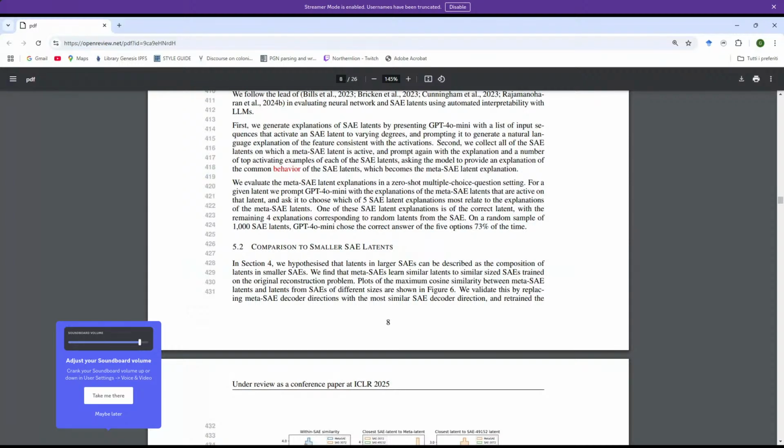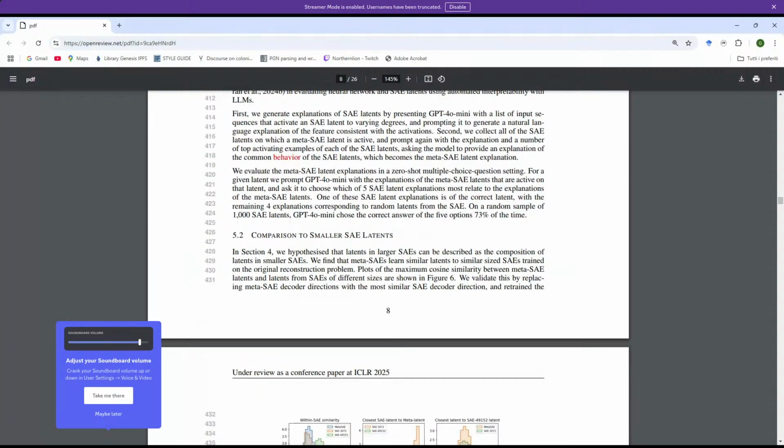And they find an average accuracy of 73%, which is kind of the average accuracy that you'd expect for an SAE that is interpretable, but it's not a very good score. And 73% means that the explanations that they find for these meta SAEs are too general or too broad.